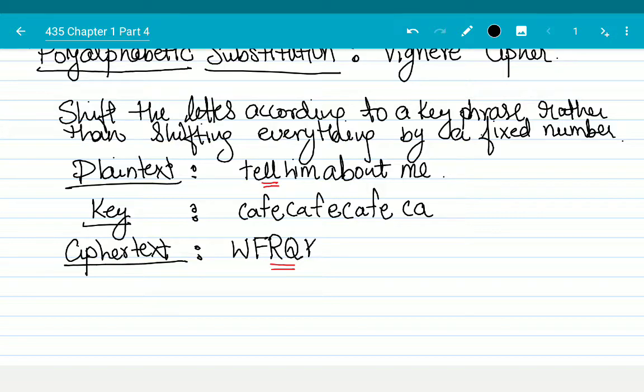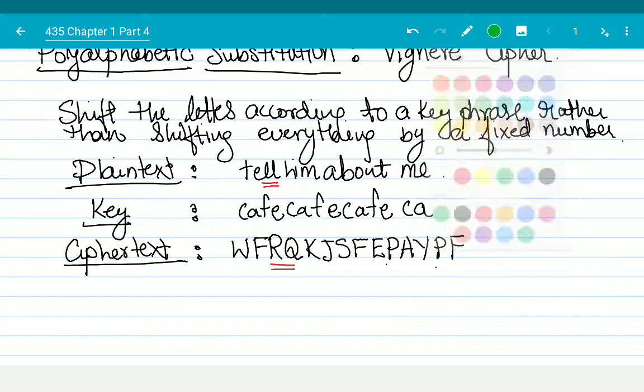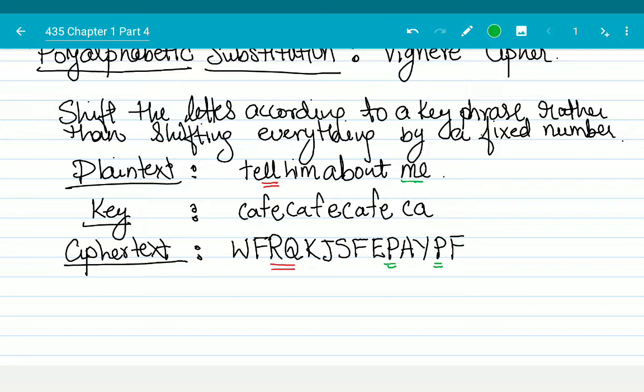The rest of it is going to go K, J, S, F, S, F, E, P, A, Y, E, P, A, Y, P, F, P, F. So even though there are 2 P's here, the 2 P's actually represent different letters in the plain text.